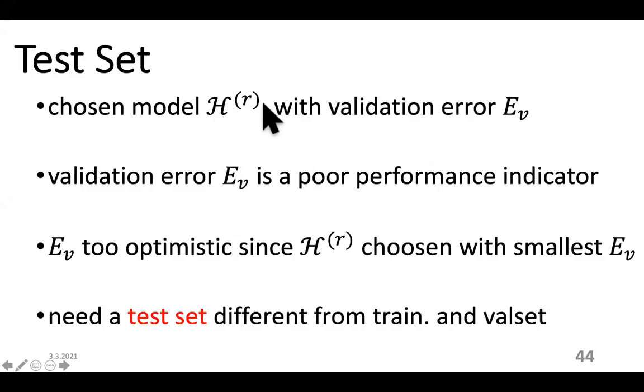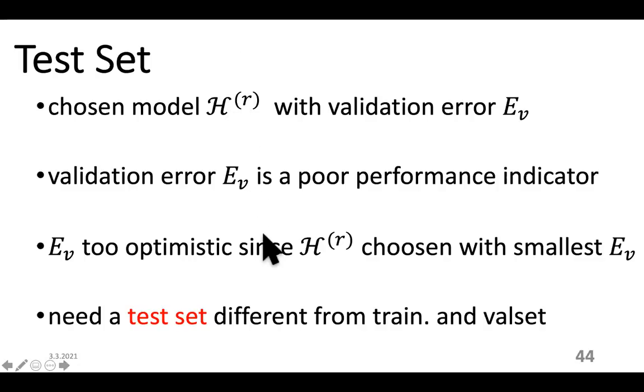Why is that? Because you use the validation error to cherry pick the model. You choose the model. In fact, you choose the model such that its validation error is minimal. So of course, the validation error will be a too optimistic estimate for the performance of the chosen model.